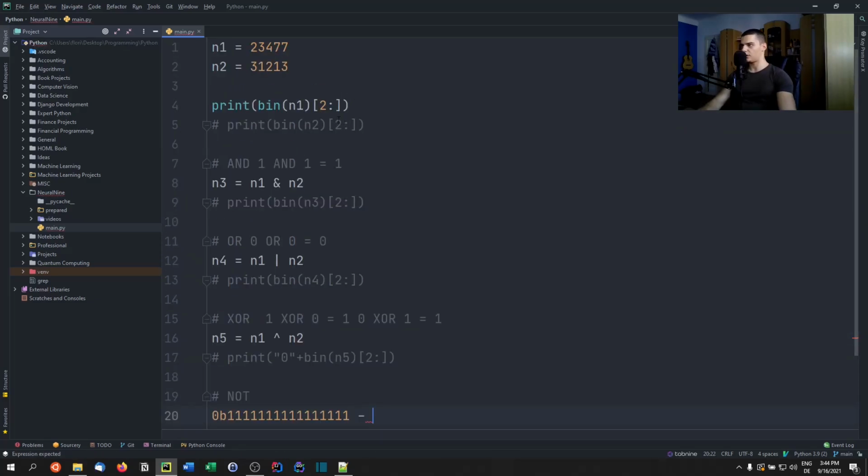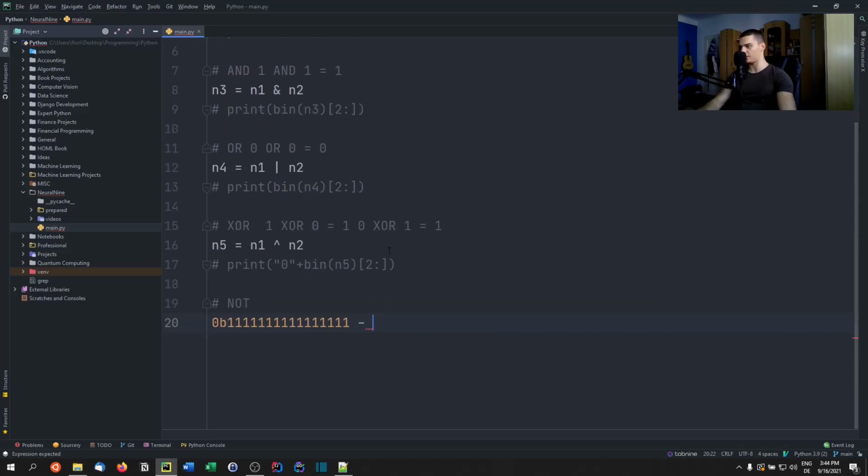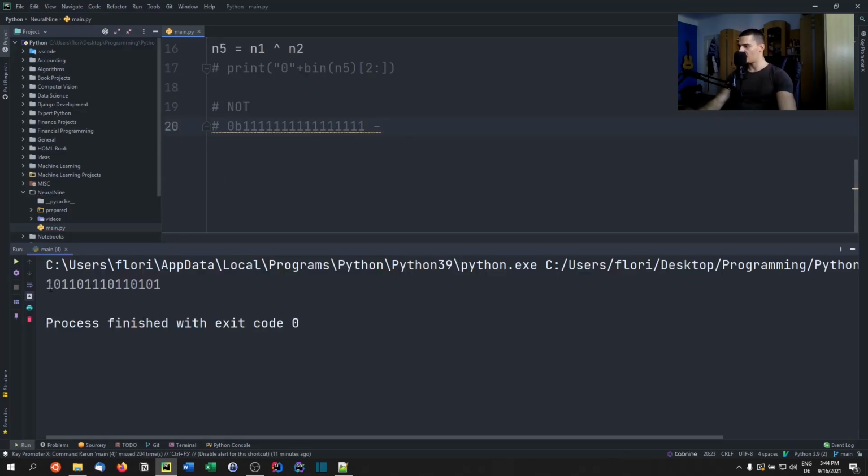Now, first of all, I don't know how many bits N1 has, so we need to figure that out first before we do anything. Let's run this again. 1, 2, 3, 4, 5, 6, 7, 8, 9, 10, 11, 12, 13, 14, 15.